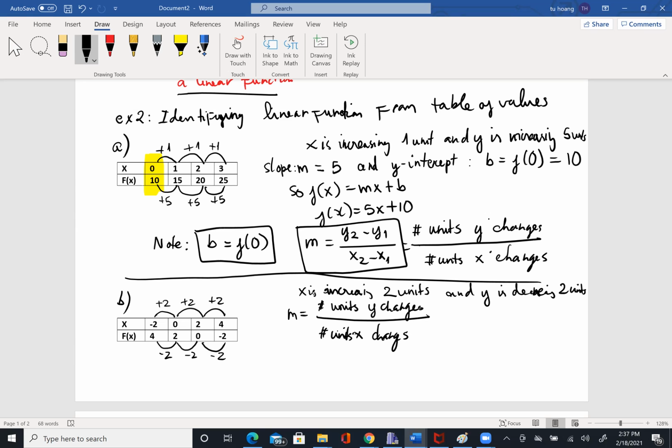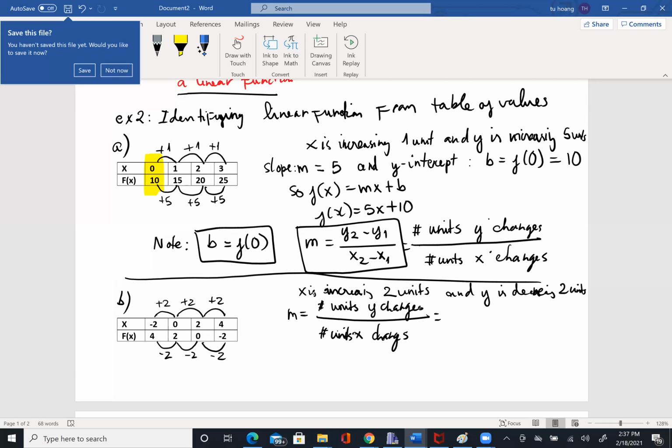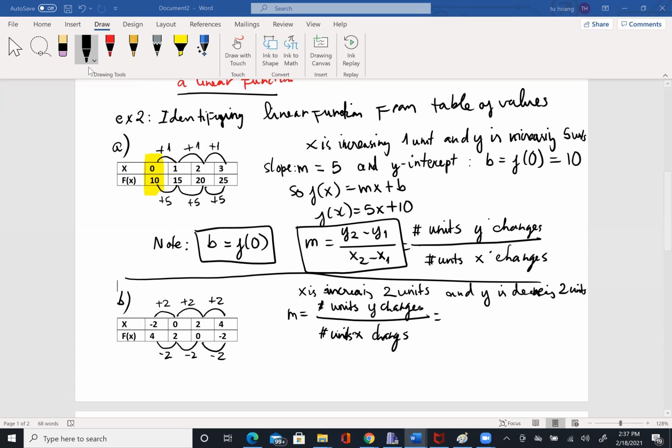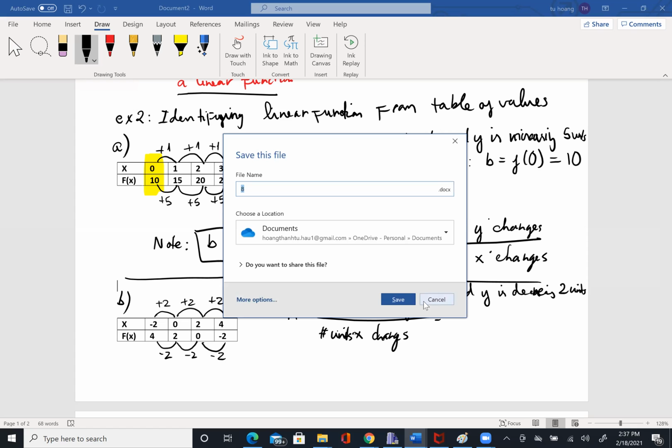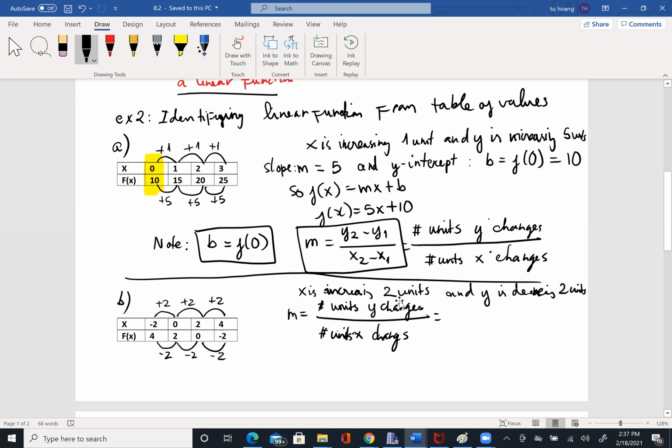Each time x changes by 2, then y changes by -2.